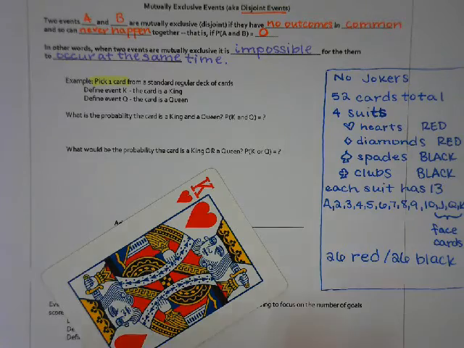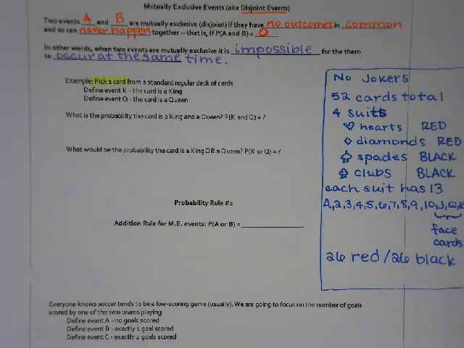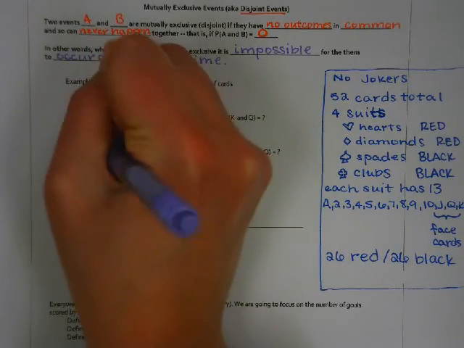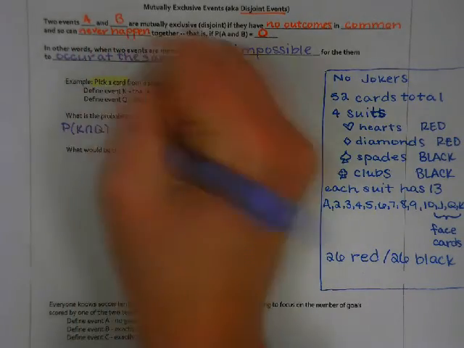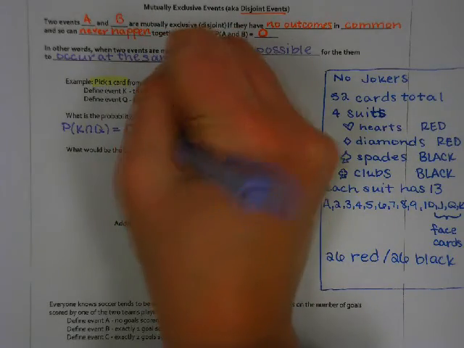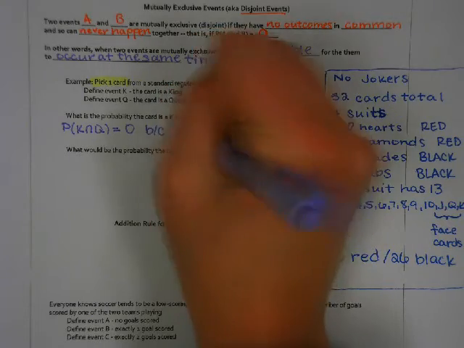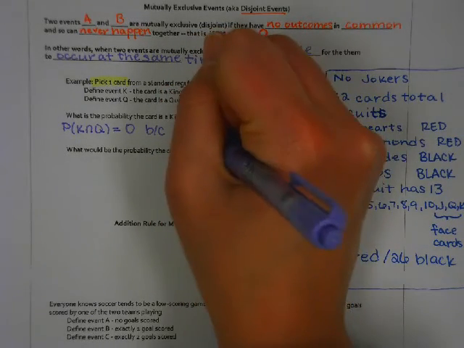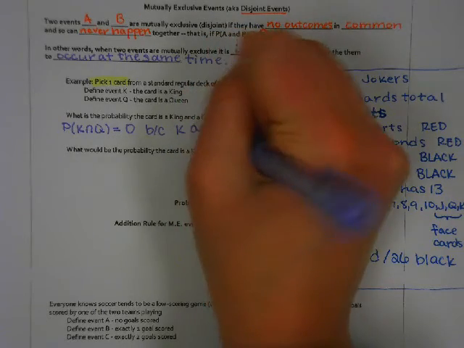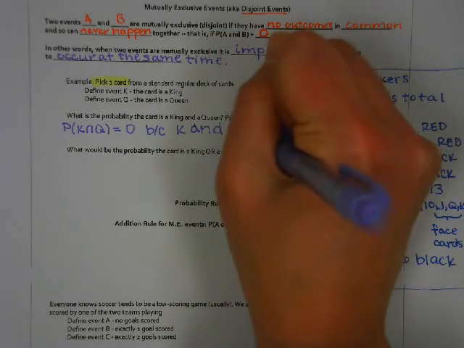No. So in this case, the probability of a king and a queen is equal to 0, because king and queen are mutually exclusive events.